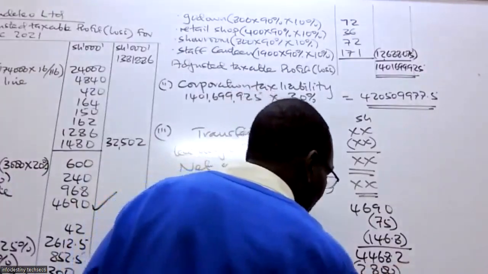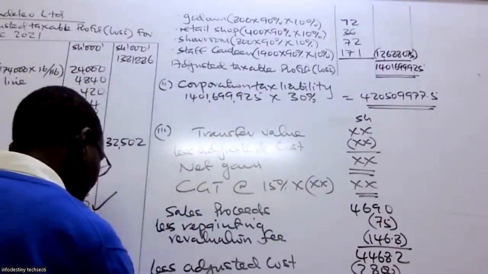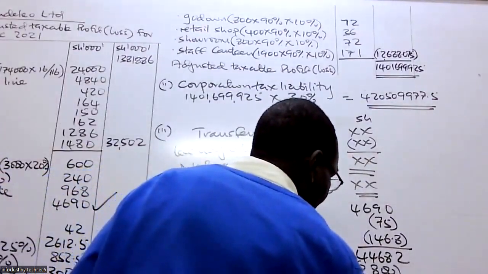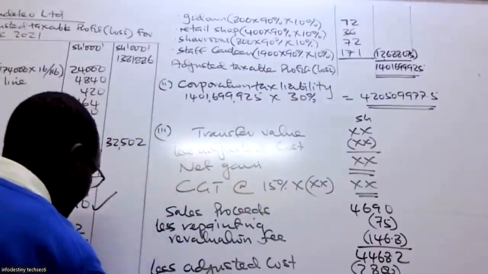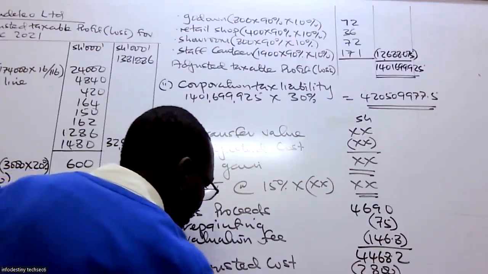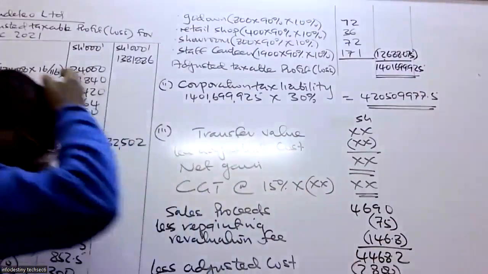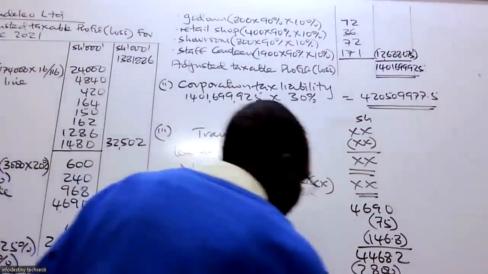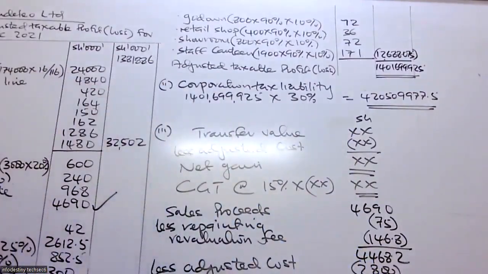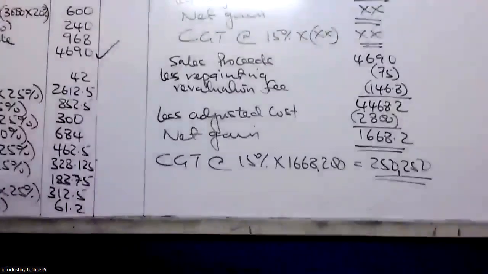The difference is what we call the net gain, 1668.2. So CGT will be at 15% of that: 250.23.